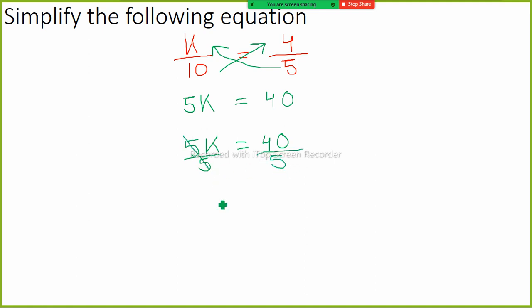So these two cancel out. So k is going to be equal to 40 divided by 5, which is what? 8. Very good. So k is equal to 8. And that's our answer.